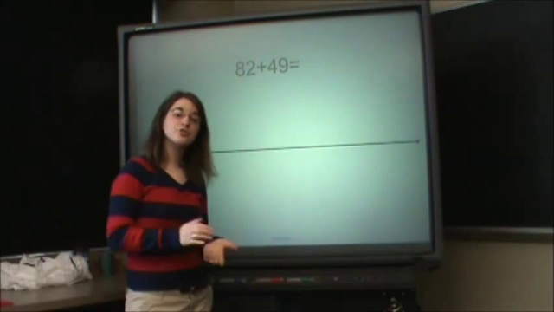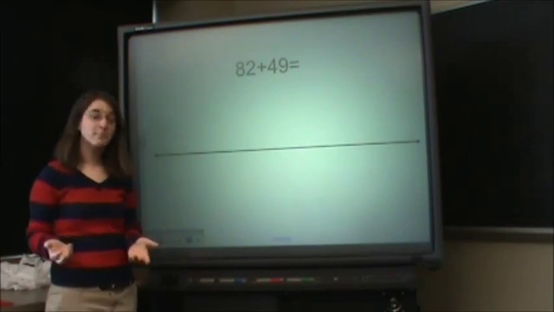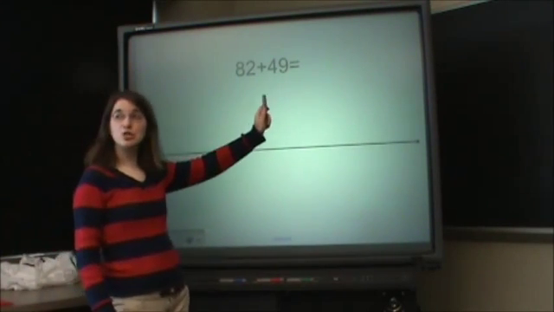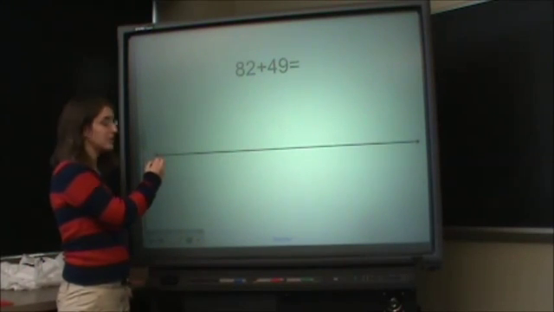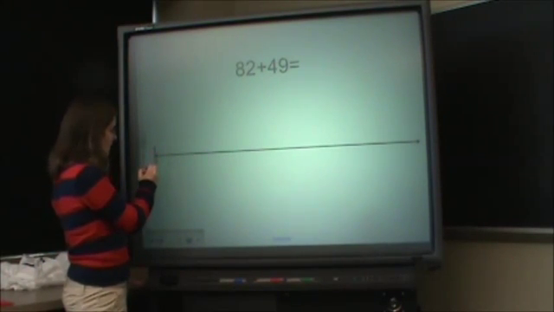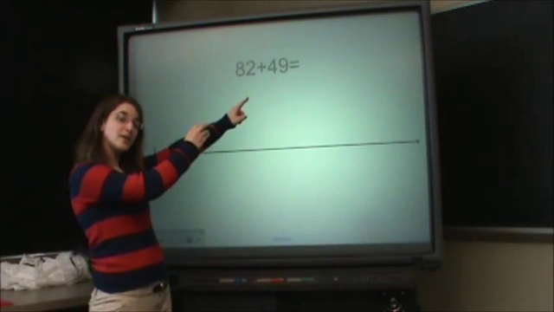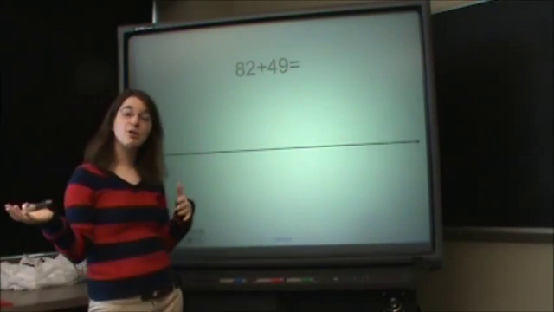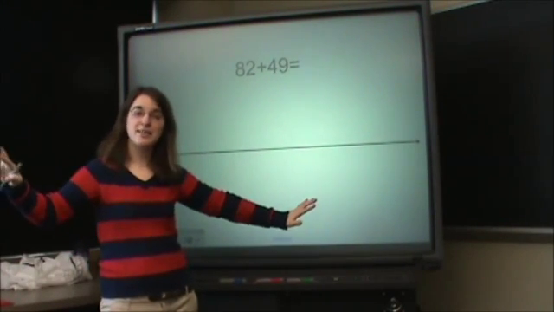We're going to try another strategy now for double-digit addition, and this one uses a number line. So my number sentence is 82 plus 49. I'm going to start my number line at 80 because my starting point is going to be 82, so I don't need to start back at 0. As you know, number lines can represent just a part of all the numbers that there are.